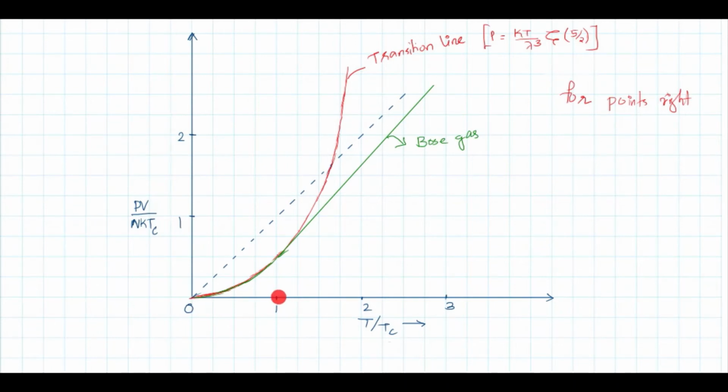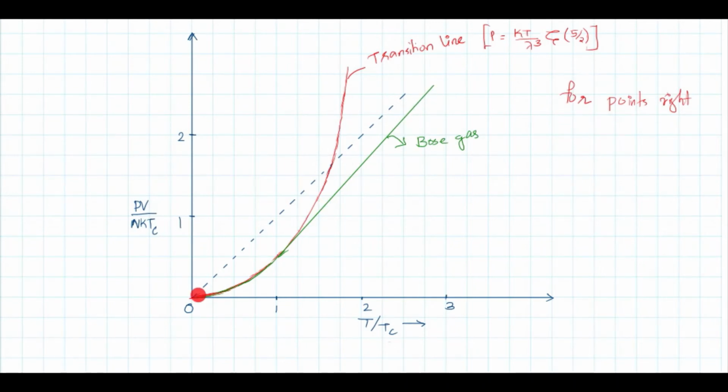A Bose gas will obey this line only up to this point. Actually, this green one is the graph of Bose gas. This red one is the equation P equal to Kt by lambda cube theta of 5 by 2. It is actually called the transition line. And this green one is the graph of Bose gas.